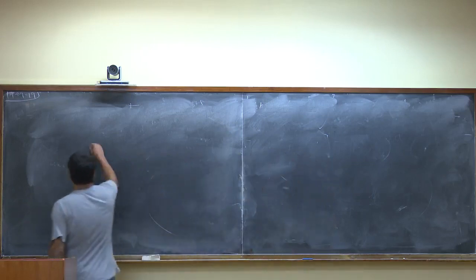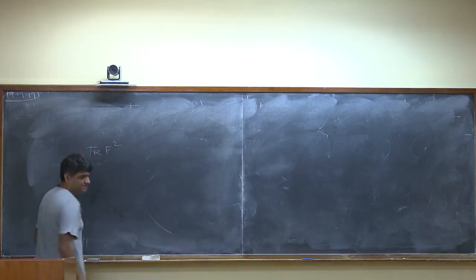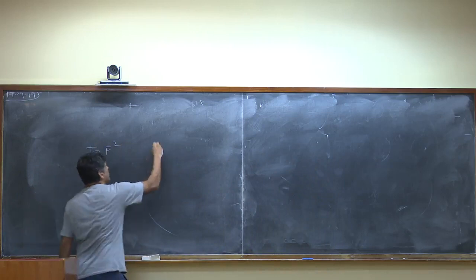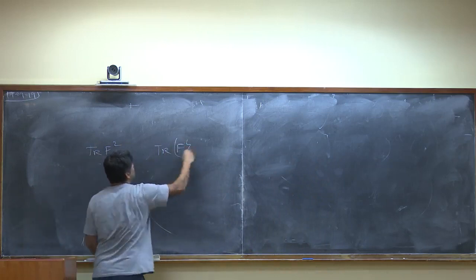Okay, let's look at that for a moment. One of them is like trace f squared, but you could also have written down something like trace f to the 4th, for instance.